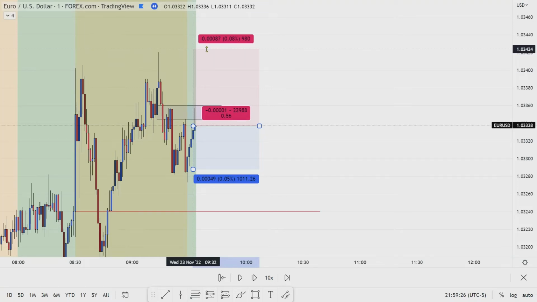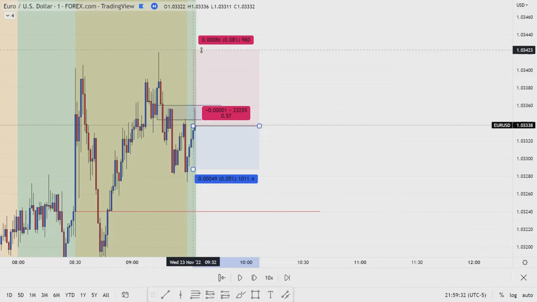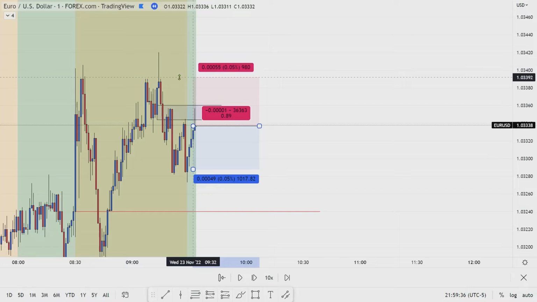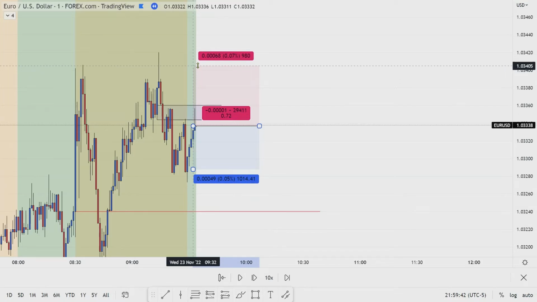Now I could have put the stop loss above this high for a more conservative stop loss, or it could have also gone right here for a little more aggressive. Now I'm more of a conservative type of person, so I'm just going to put it above here.